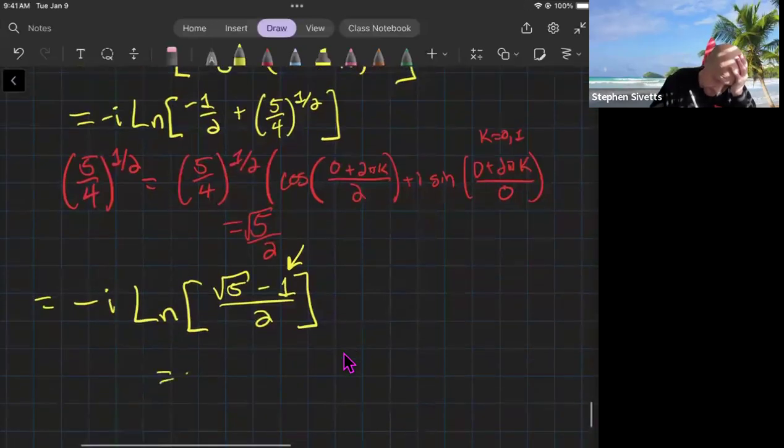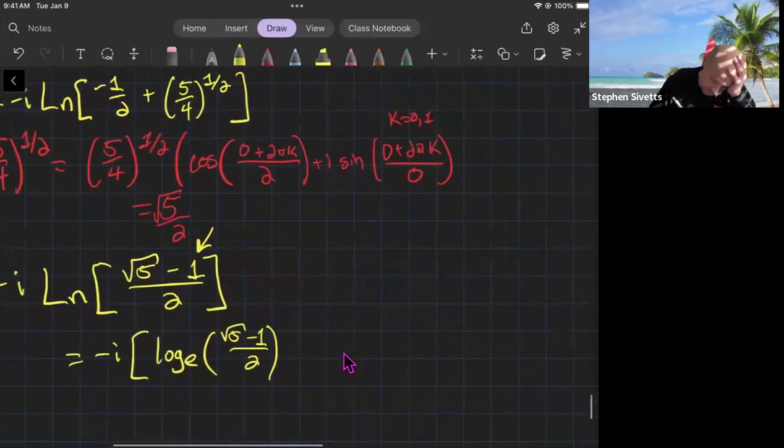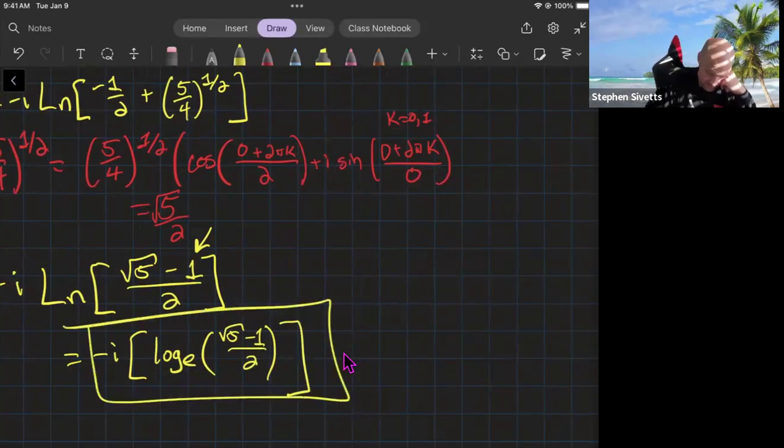So basically this equals minus i times log base e of this quantity, the absolute value of the number plus i times theta, but theta is 0. So we'll have this quantity here as our answer.